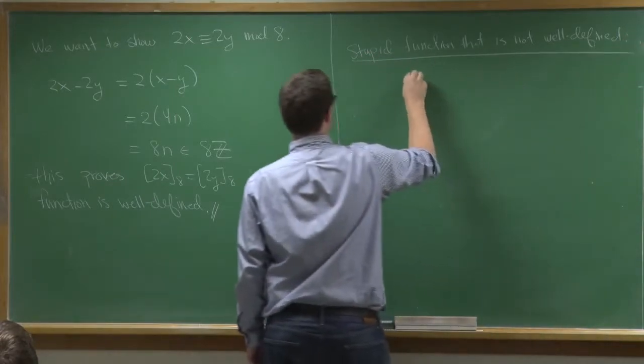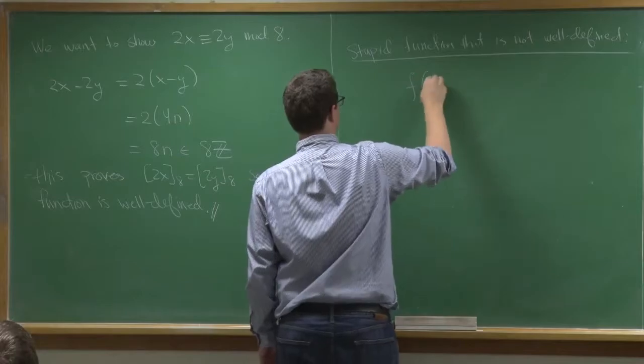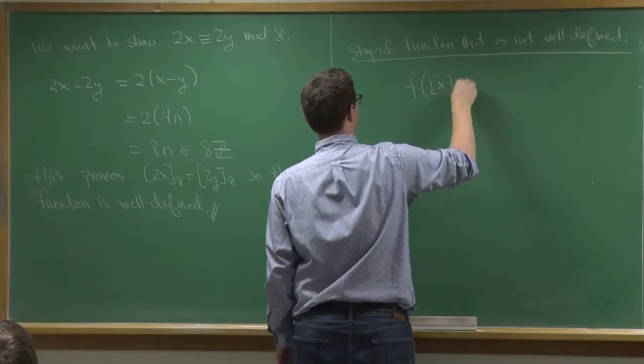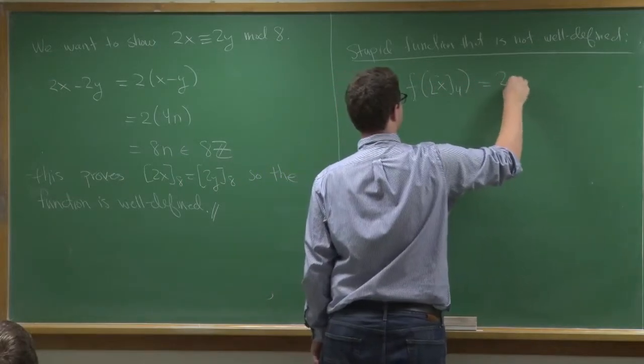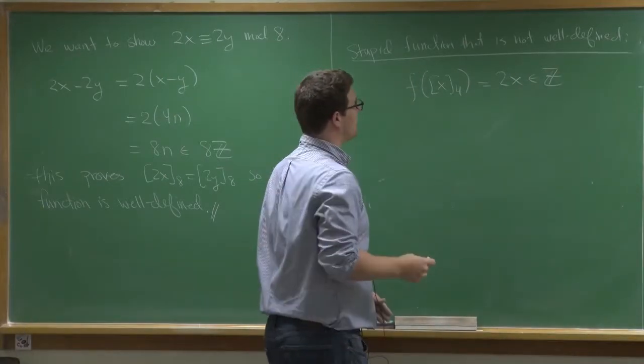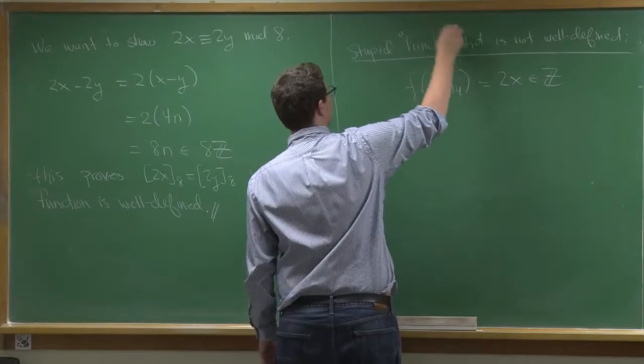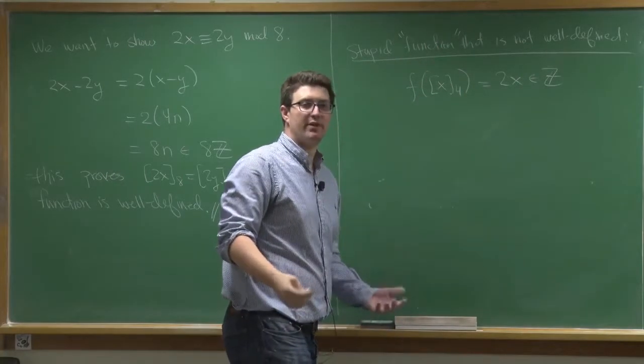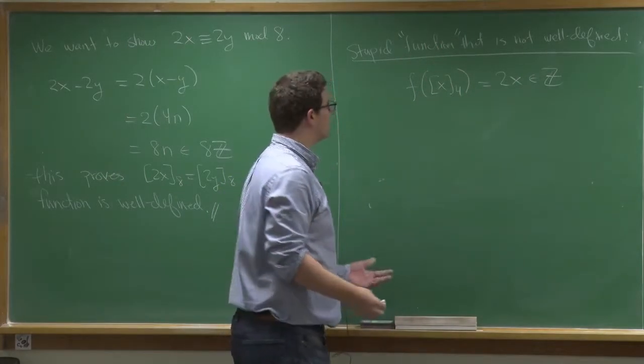Okay, so we could take f of x mod 4, and then we could just do 2x. So this is not well defined, so I'm going to put function in quotes because it's not really a function. It's not a well-defined thing.